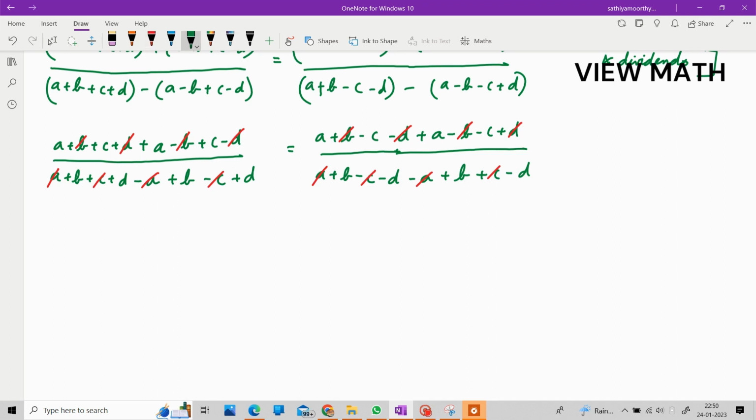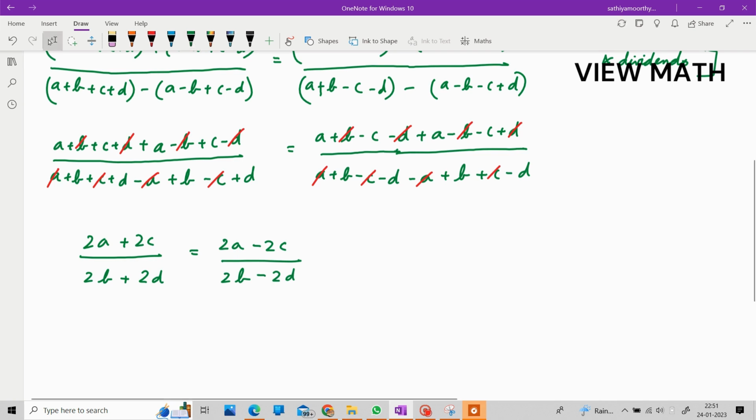Now here I can see a plus a, so 2a, c plus c, so 2c, divided by the denominator, I am getting 2b and 2d. This is equal to, on the right hand side, 2a, minus c and minus c, so minus 2c, divided by the denominator 2b and minus 2d.